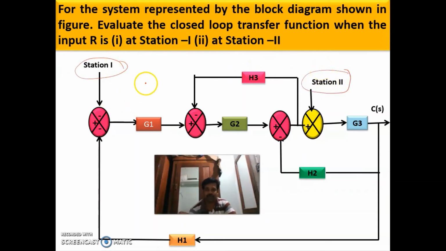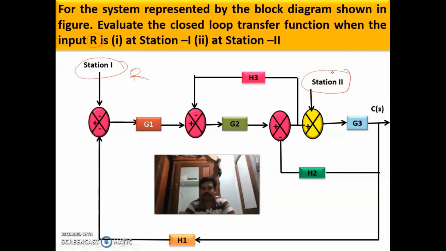They have asked us to find the closed loop transfer function. The input is R. First we have to consider input R in station 1, and in the second case, you have to consider the input in station 2.